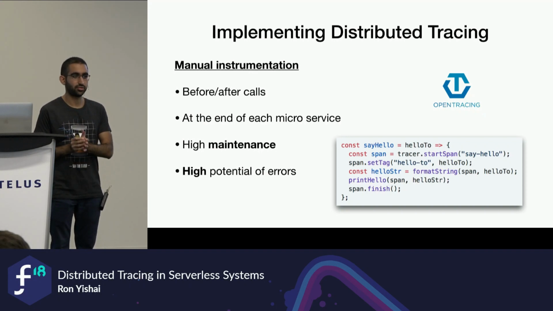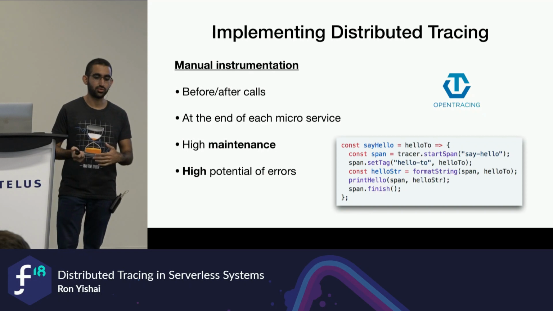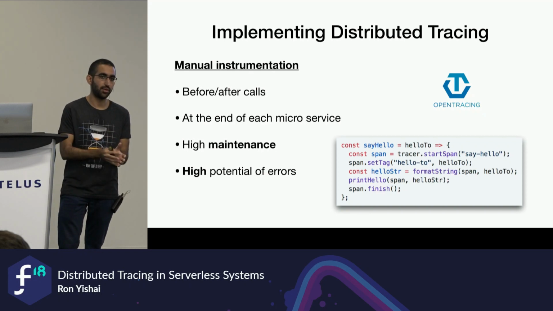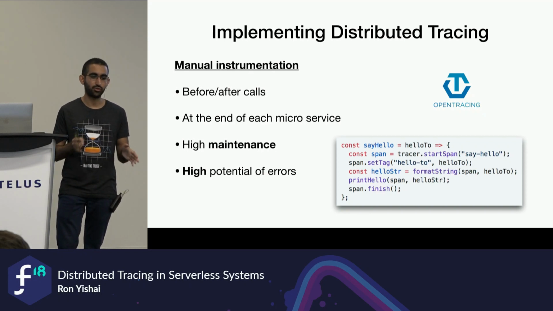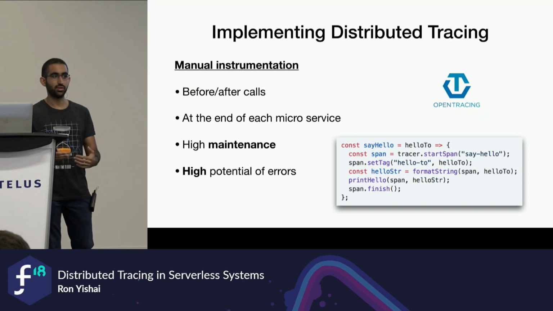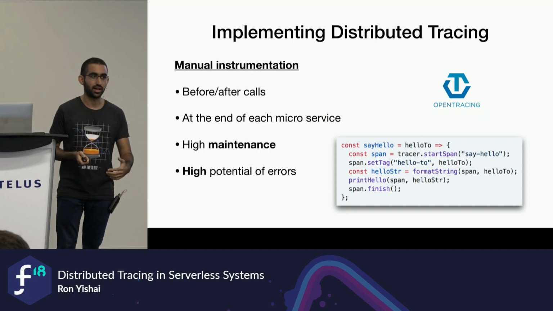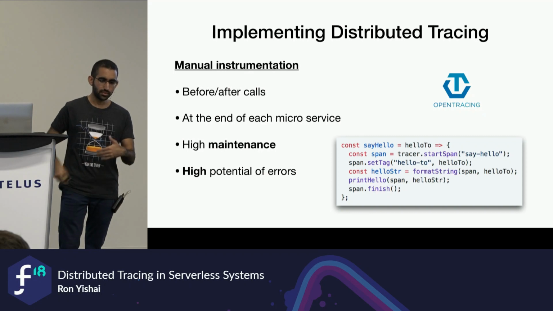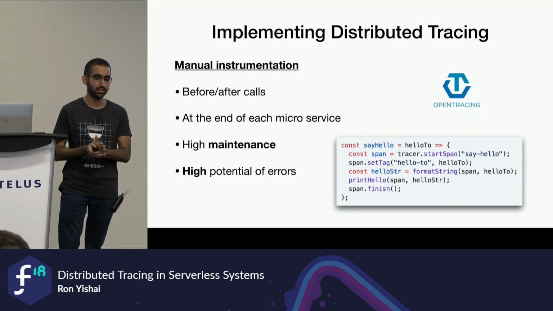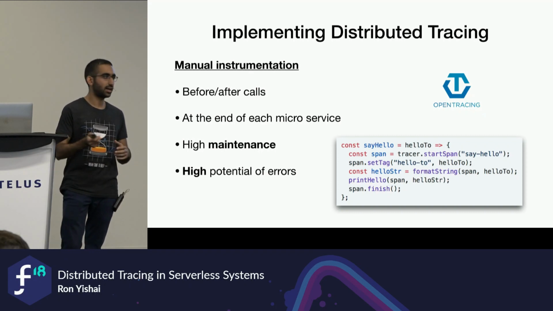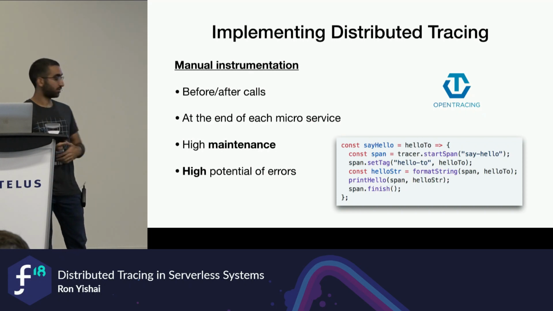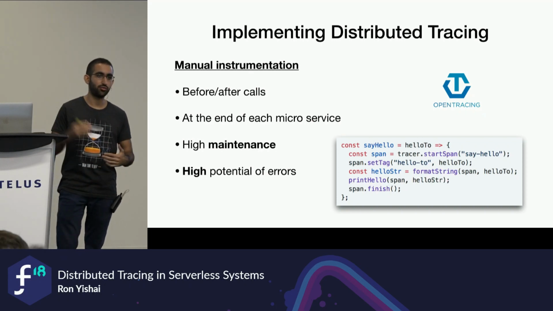Then I will also have to collect the trace at the end of each microservice, for each invocation that I want to trace, so that I will know when this kind of service ends. And what I get is like this code example in JavaScript, where I need a lot of manual work.